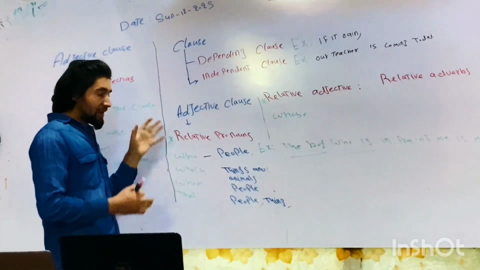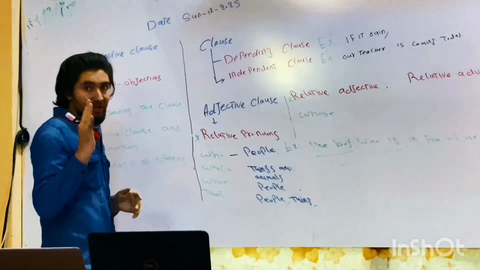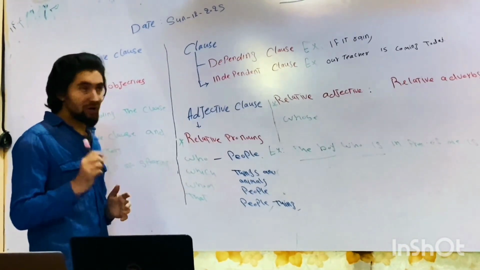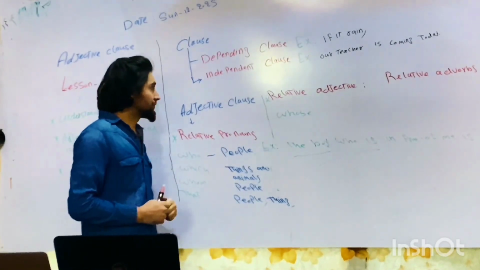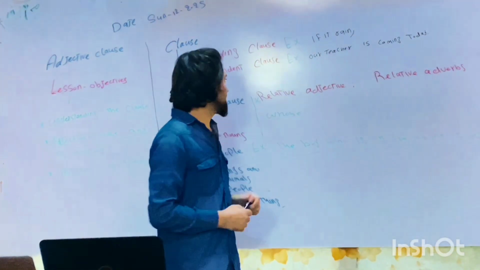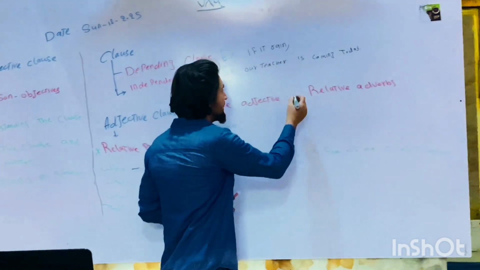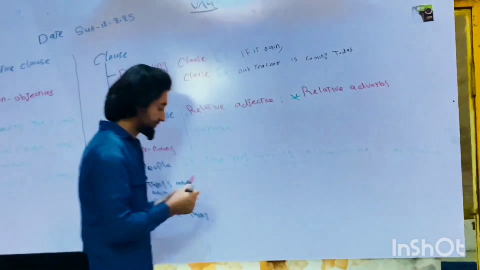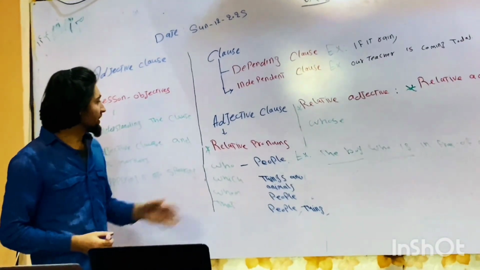So we should identify our adjective clause through three markers. What are those markers? The first one is relative pronouns. Relative adjective is the second one. And the third one is relative adverbs. I'm going to talk about relative pronouns first.